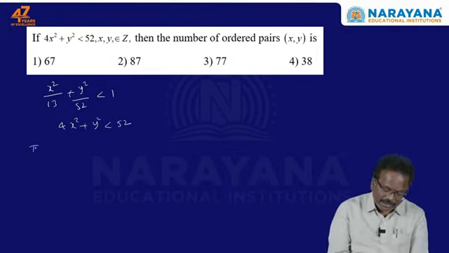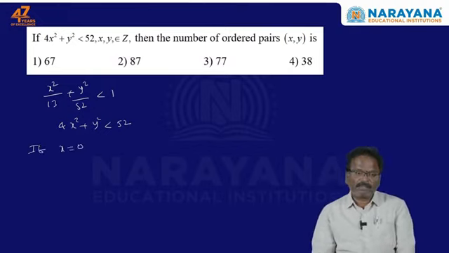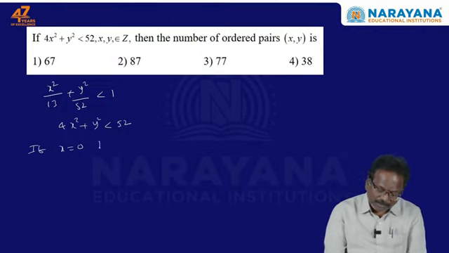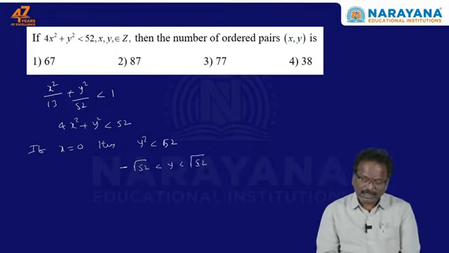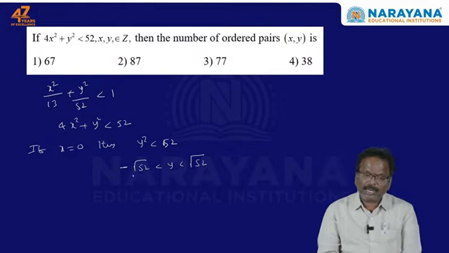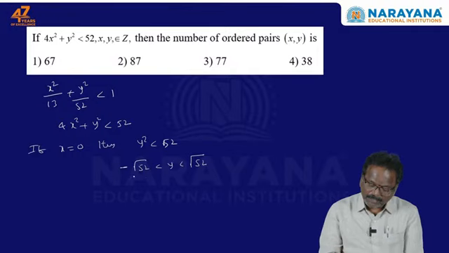Suppose if x is 0, how many integral coordinates are possible for y? If x is 0, y square less than 52. Y lies between minus root 52 and plus root 52. The integer values between minus root 52 and plus root 52, this is 7.1, this is 7.1. Therefore, integer values for y are 15 only.